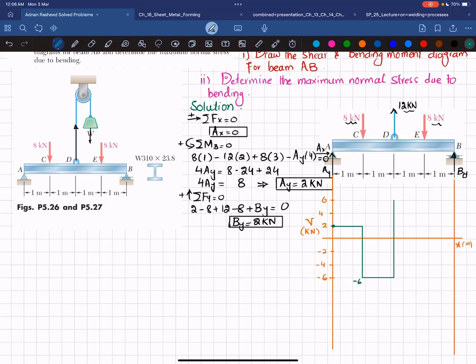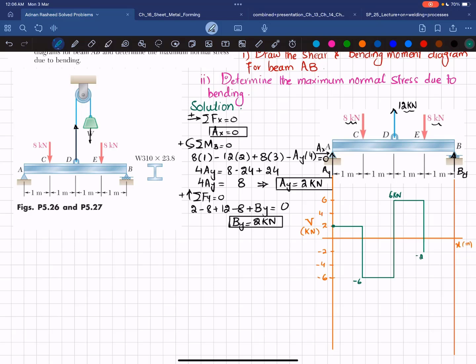This is +6 kilonewton. Now from D to E, again there is no load, so it will remain horizontal. And at point E, you have -8 kilonewton load. So 6 minus 8 will give you -2 kilonewton. So shear force will change from this to -2 kilonewton. This is your -2 kilonewton.